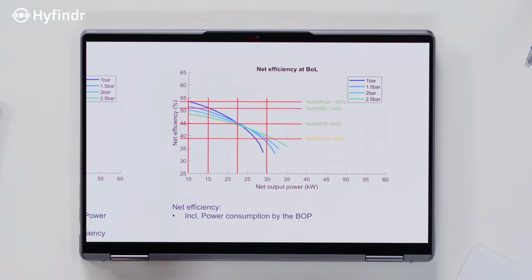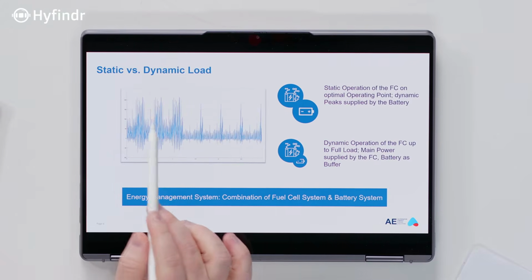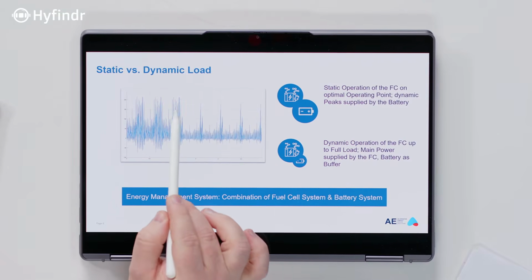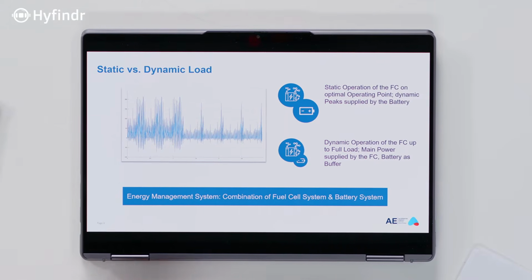Exactly. And then when we think back about the load profile, just imagine this is a 30 kilowatt peak, for example. Then you can supply these 30 kilowatt peak perhaps in a different pressure mode.